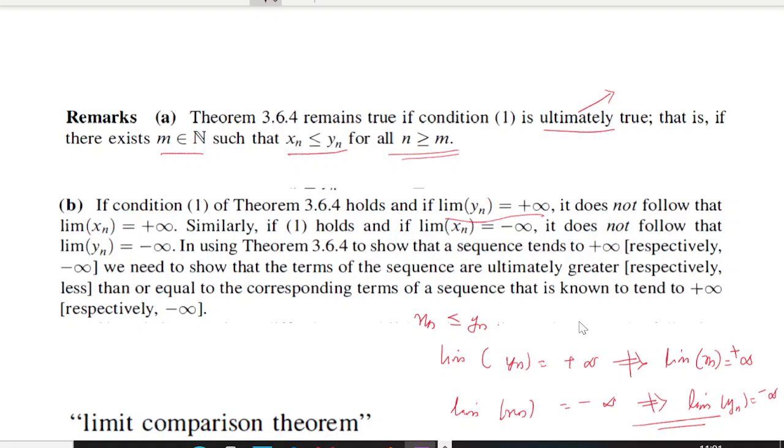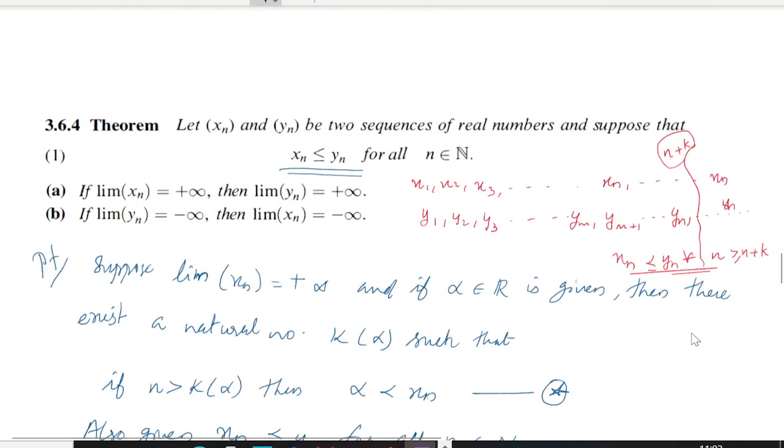If limit of yn equal to positive infinity, it does not follow that limit of xn equal to infinity. Similarly, if limit of xn equal to minus infinity, it does not imply the limit of yn equal to minus infinity. So that means this theorem cannot be reversed.